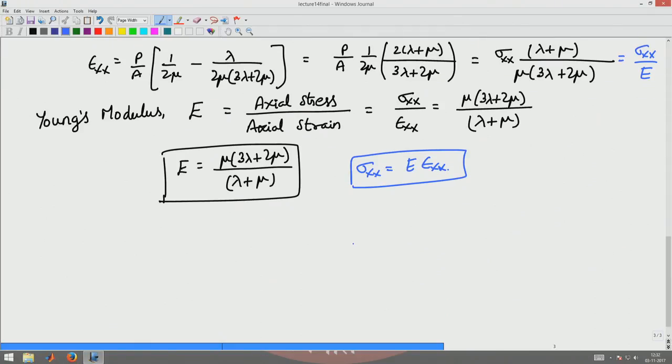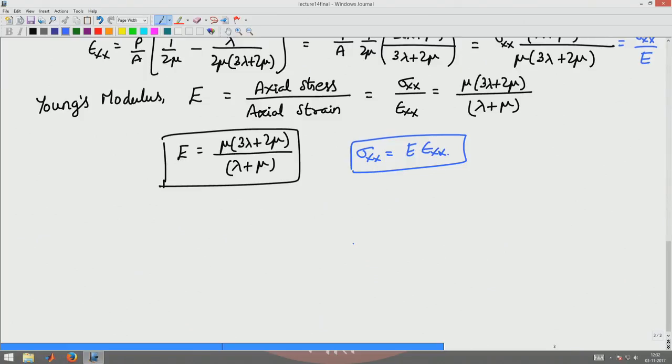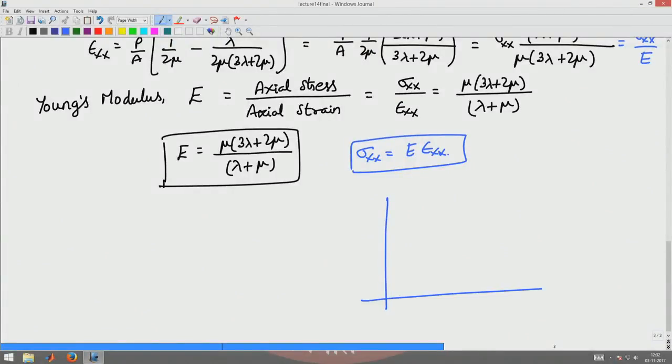So, now how do I find E? I do an experiment, I measure the force that I am applying and I measure the axial strain epsilon xx, and then I plot epsilon xx versus sigma xx. This is the axial strain and this is the axial stress.